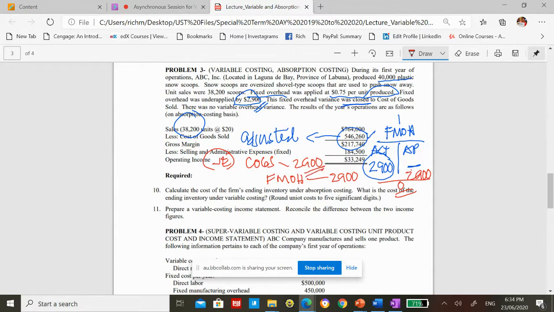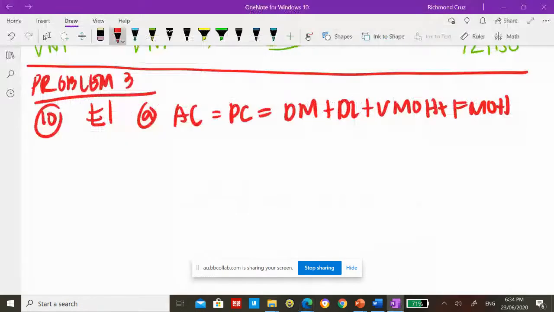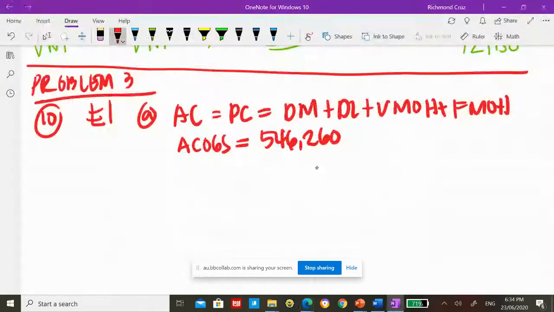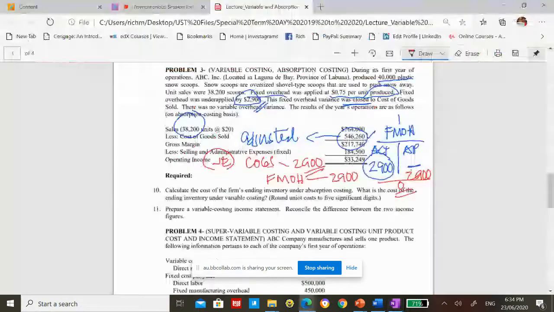So para ma-compute ko yung absorption costing per unit, yung 546,260, kasi ang adjusted cost of goods sold natin is 546,260. Meron tayong under applied na fixed manufacturing overhead which is yung 2,900.